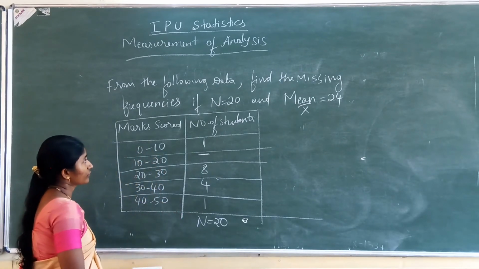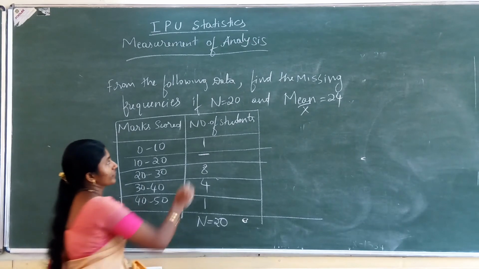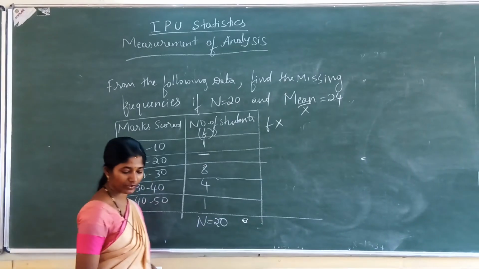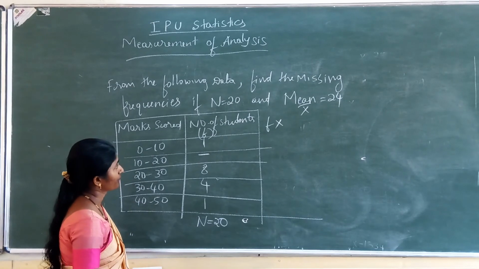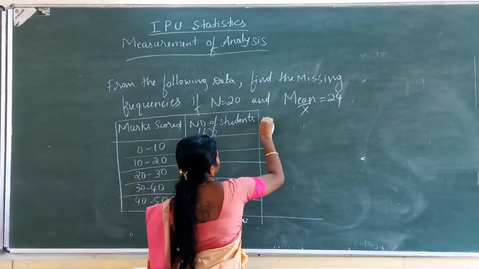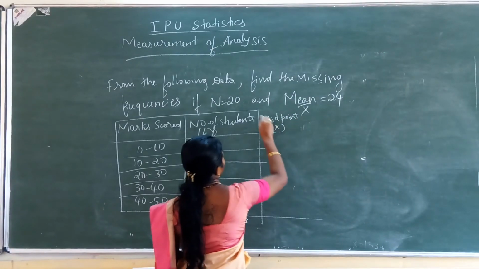To find out the missing frequency, see, this is the frequency. First we should find out f into x. Multiply this one, f into x. Before that, find out the midpoint.